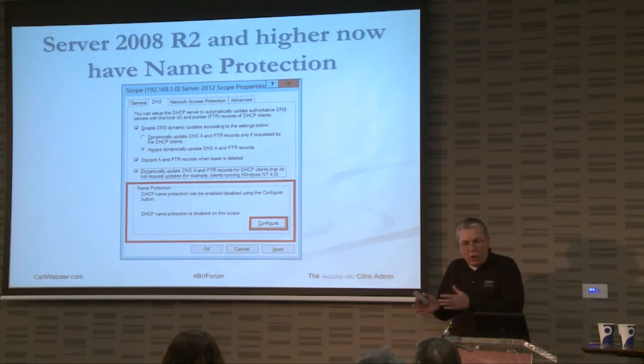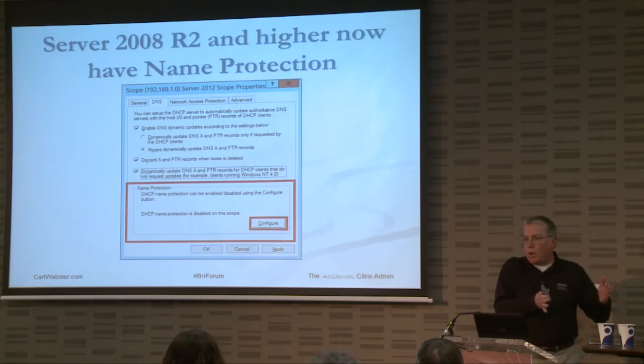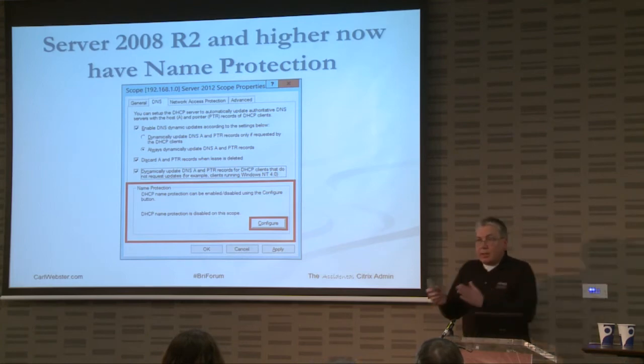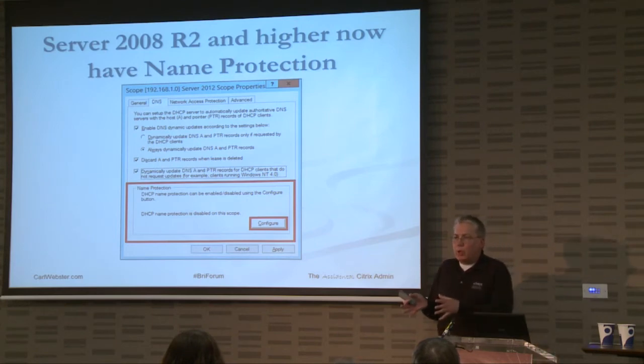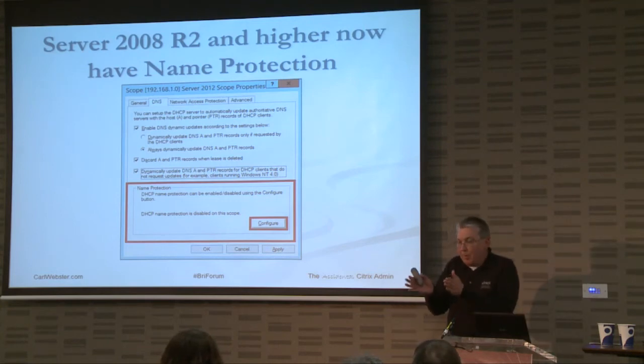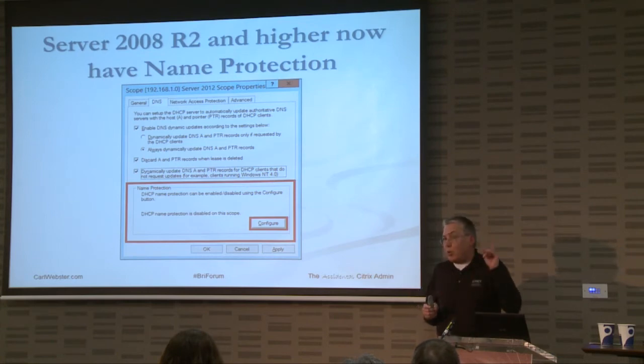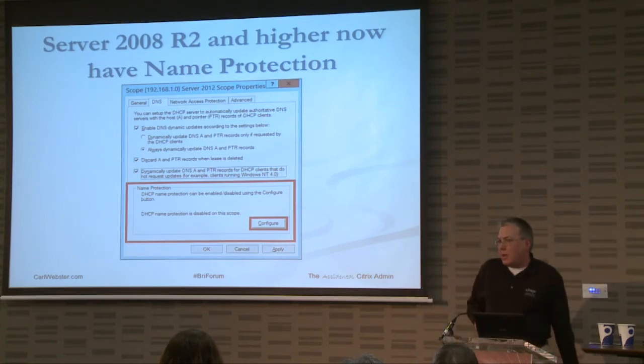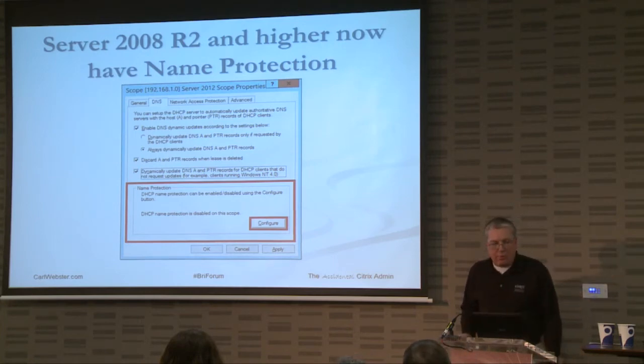If this is server 1, but I've already got a server 1 in DNS, DHCP for 2008 R2 and higher with name protection enabled says, no, you're not going to squat on that name. It already belongs to a real computer, a Windows server. So it will give it an IP address from DHCP, but it will not register it in DNS because there's already a record registered by a Windows computer.